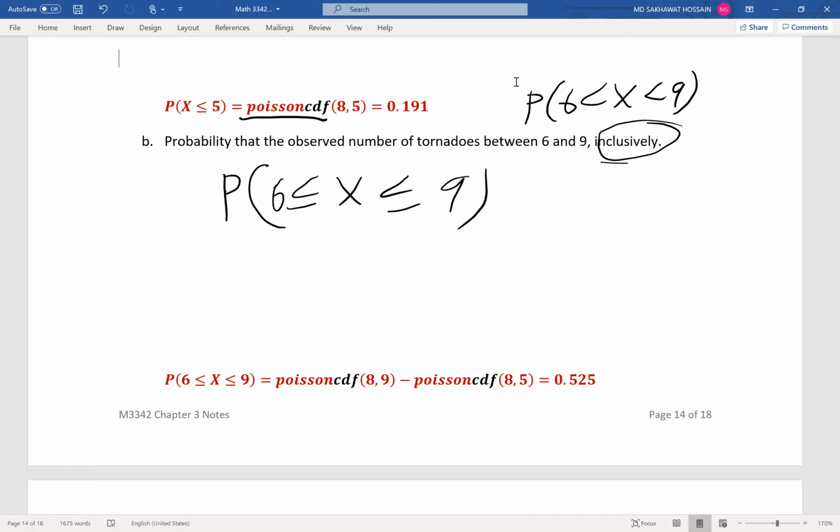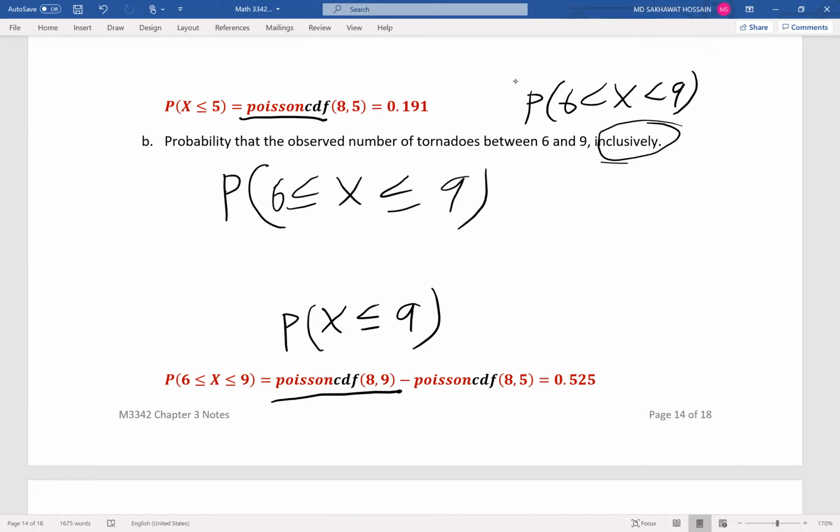Okay, so how can you find this probability? If you use the calculator and use this command, it will give you the probability x less than or equal to 9. But we want to find the probability where x is between 6 and 9 inclusively.